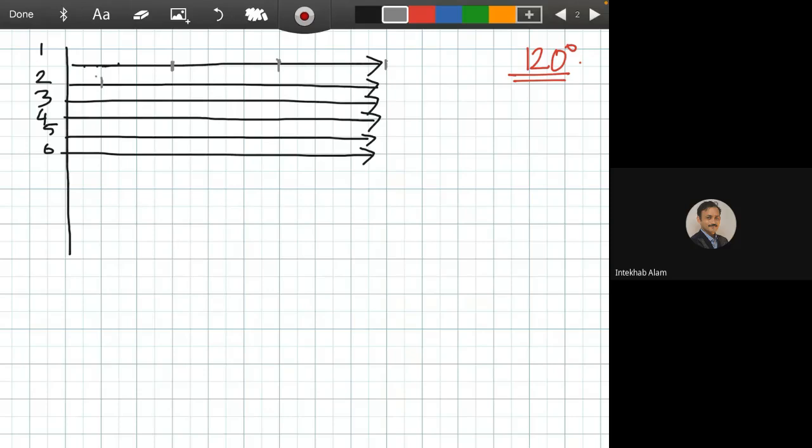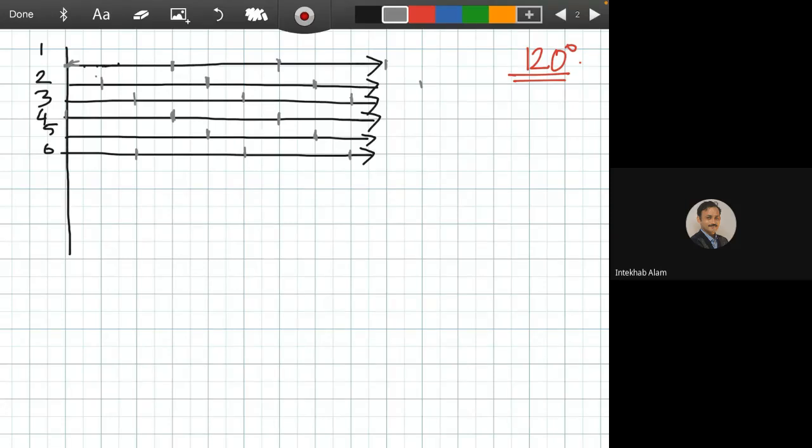For switch 2, this is from here to here, and switch 2 will again be from here to here, and switch 3 is allocated in this space, and it will start from here again. Switch 4 is from here, and switch 5 is from here, and switch 6 is from here.